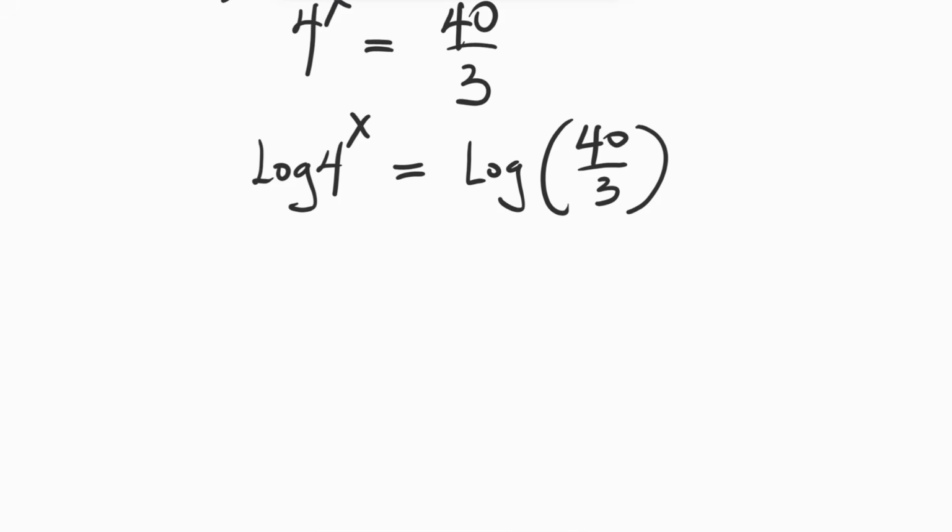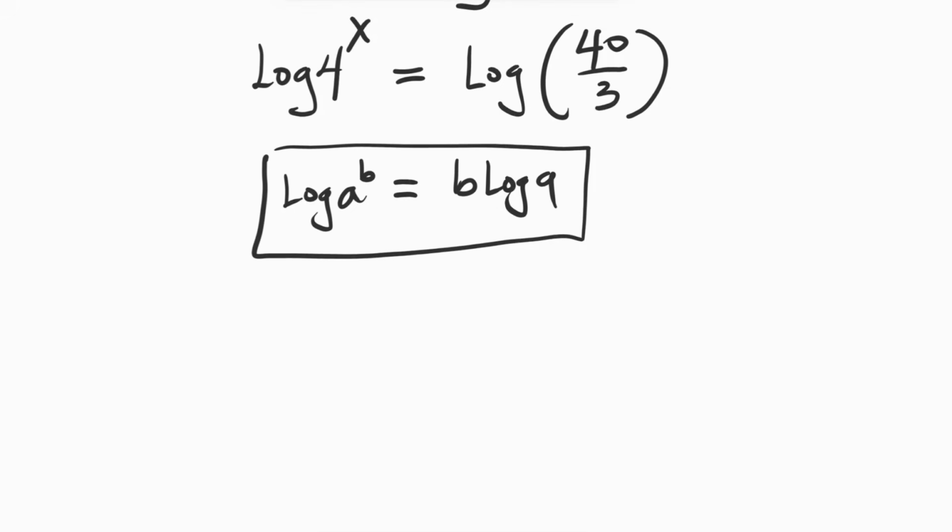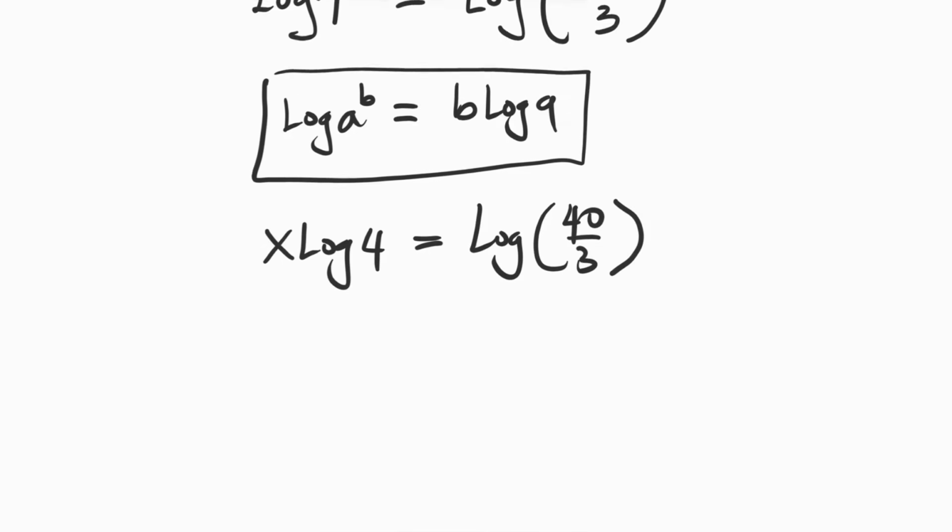And from the log rule, we know that log a raised to the power b is equal to b log a. So we're going to use this rule on the left hand side. So left hand side becomes x log 4 equals log of 40 divided by 3.